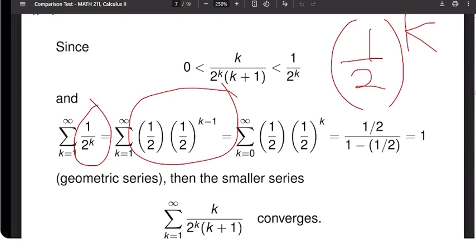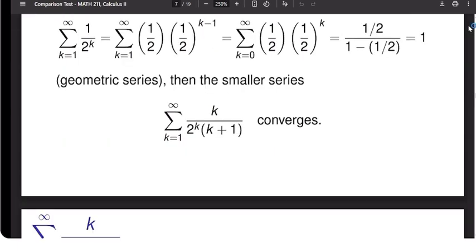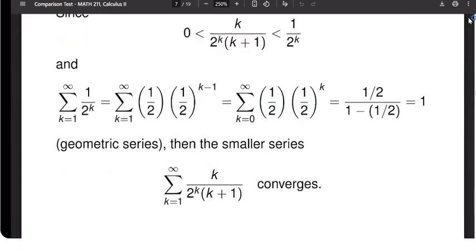Okay, now since that gives us 1, and by geometric series, when you have a number like that, we are going to say it converges, and when that one converges, then AK converges, and I'm going to say this converges.